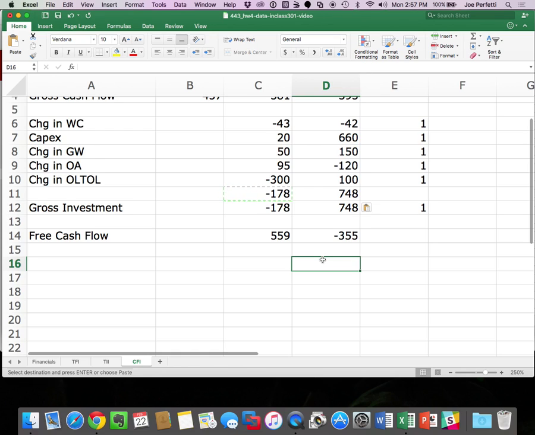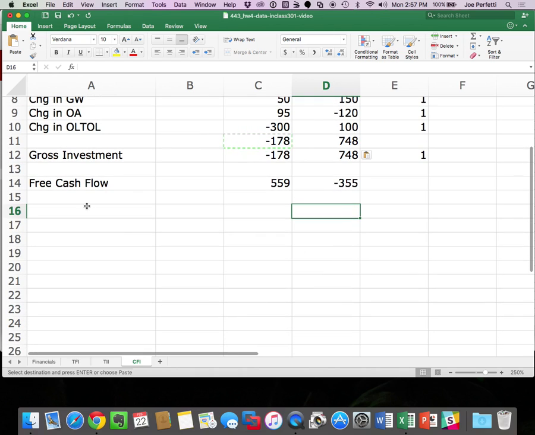Because it's really easy when you're cutting and pasting a lot of things to make a mistake. You forget something, or worse, you copy and paste the wrong line item there, and then things don't add up, right? But if you copy and paste the line item in there that's wrong, and you don't try and balance it out, you have no idea that you made a mistake until it's probably too late for your career, right? So basically, it's more important to do the balancing because it means you're less likely to screw up. Anyways, free cash flow.